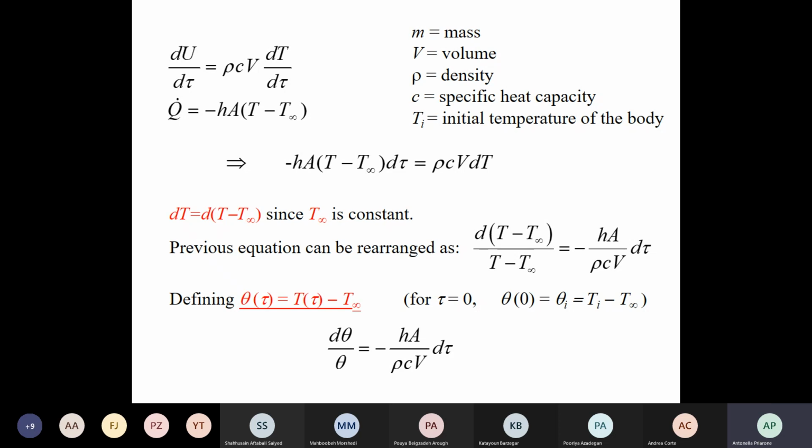The product density by volume gives us the mass, then C, that is the specific capacity of the material, and the gradient of the temperature in time. Temperature, I use the total derivative because temperature for us is a function only of time. The temperature of the body is only a function of time, not of space.